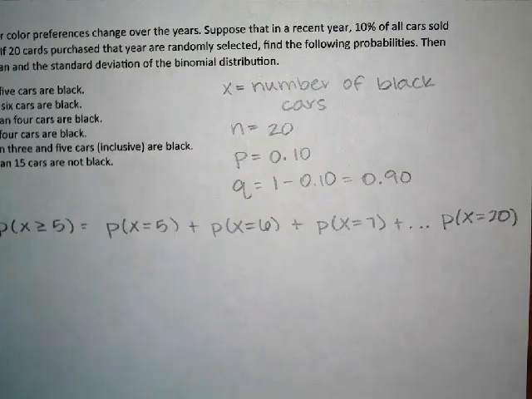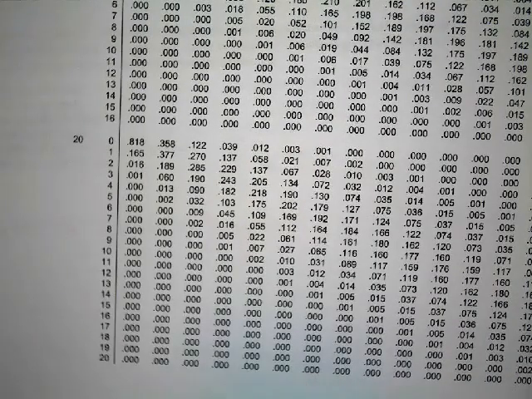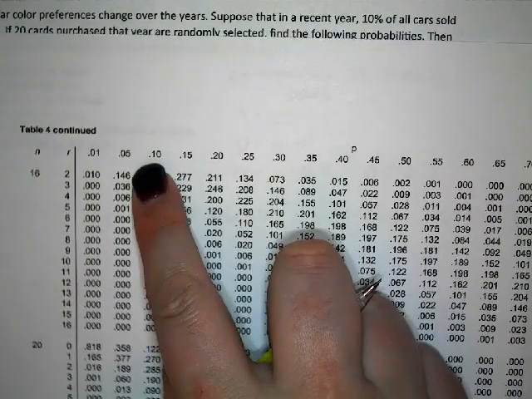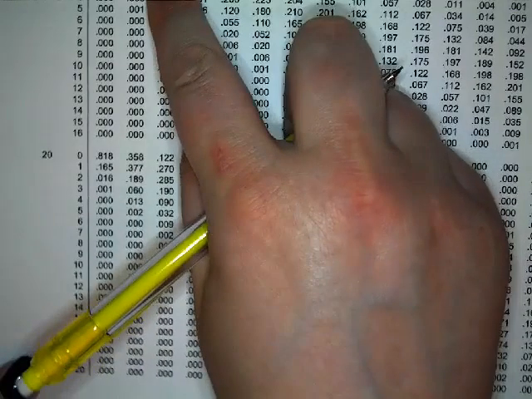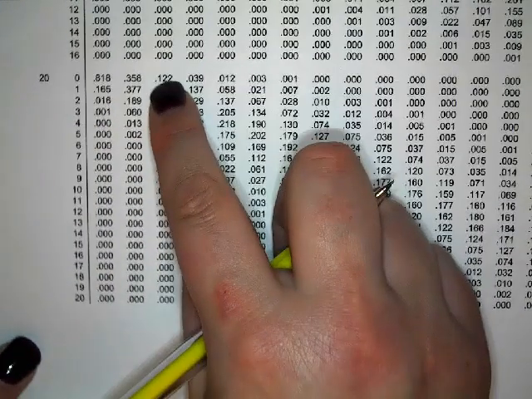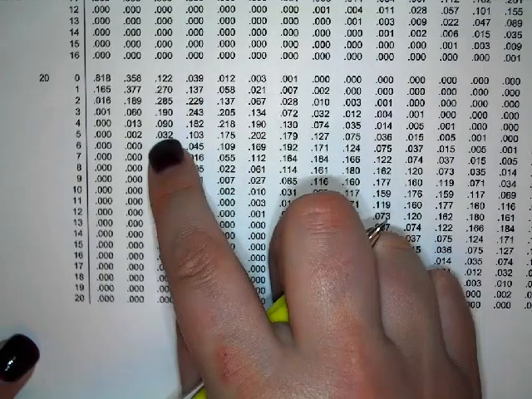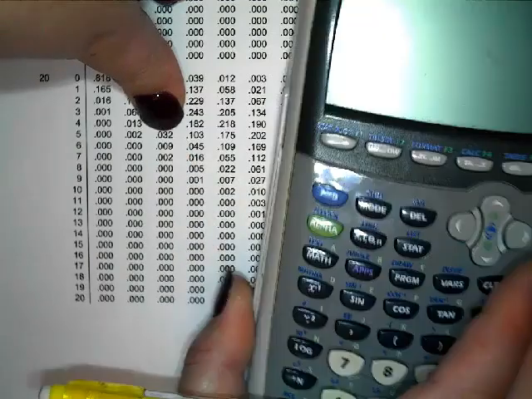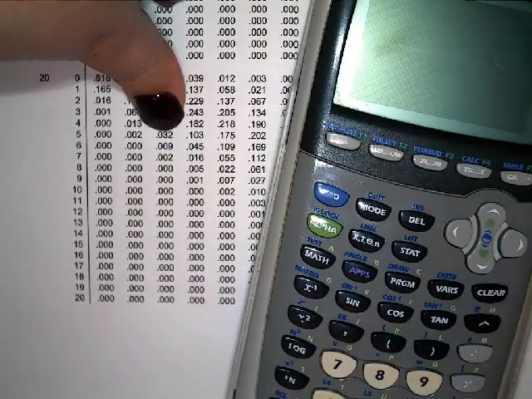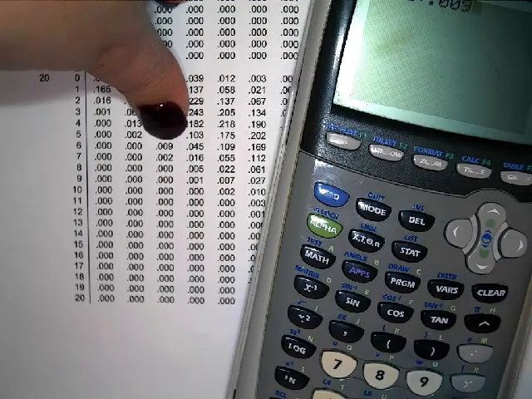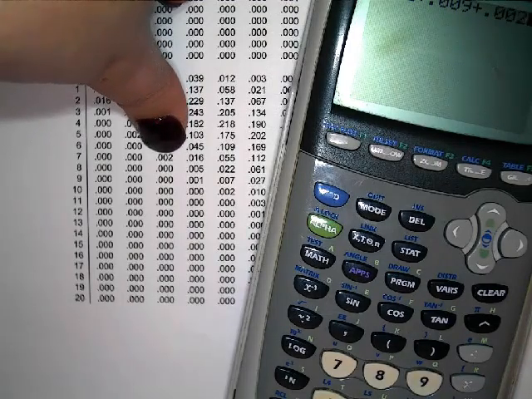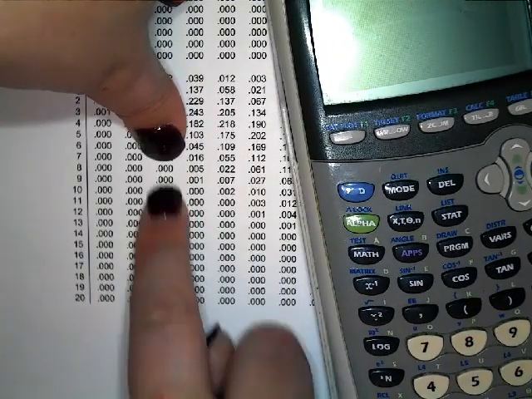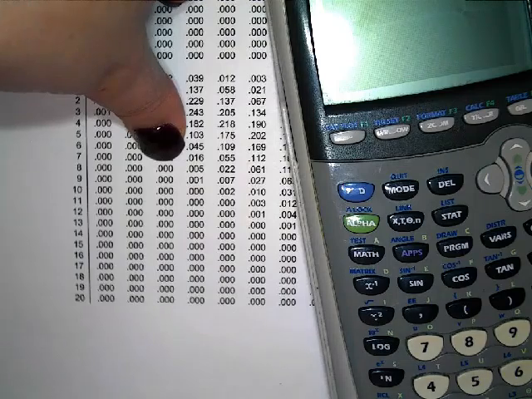So I'm going to go to the very last page of the table. Here's where we have 20 trials. The third column in is where we have the probability of 0.10. I'm going to come down here and look at the probability that X is greater than or equal to 5, which starts right here. These are the numbers that I'm going to be adding together. So I have 0.032, 0.009, 0.002, and then all the rest of them are basically a 0 probability, but slightly more than 0.